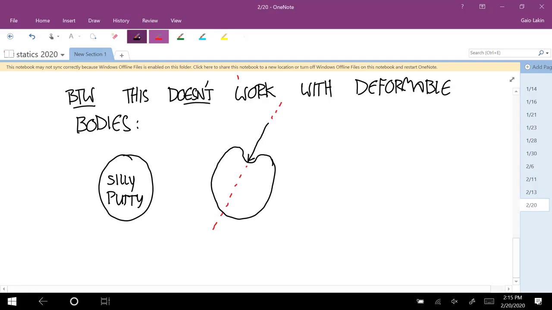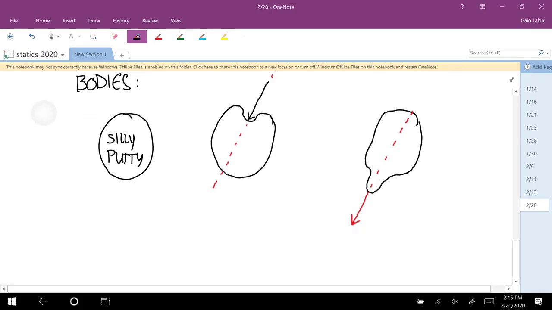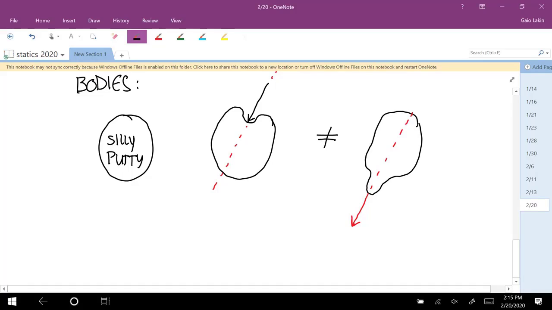If you move that force along its line of action, it would do this. Yeah, so you can only make this substitution and have the calculations be the same when you're treating things as rigid bodies. You know, these are not the same.